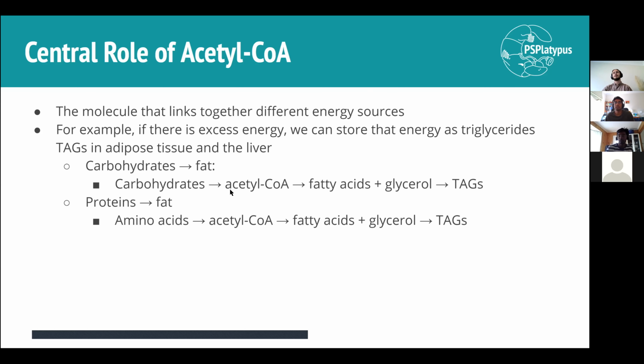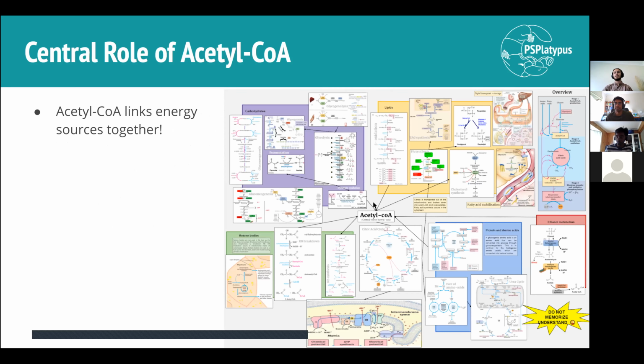You can see carbohydrates are broken down into acetyl-CoA and then reconstituted into triglycerides. And proteins, it's much the same. You need acetyl-CoA as an intermediary between the conversion of many, many different sources of energy. You do not need to memorize this diagram.